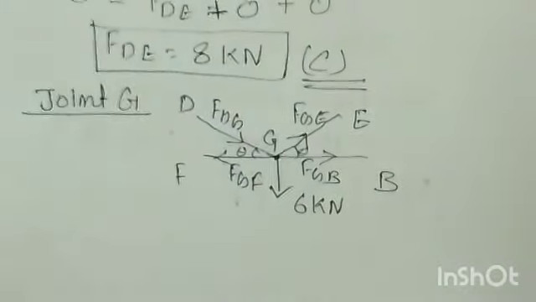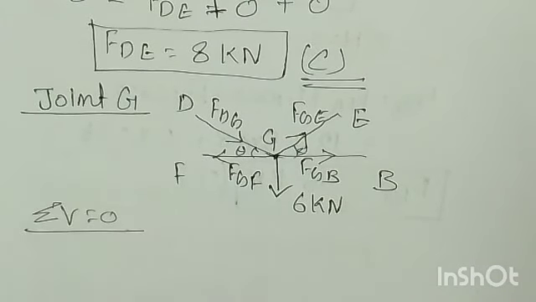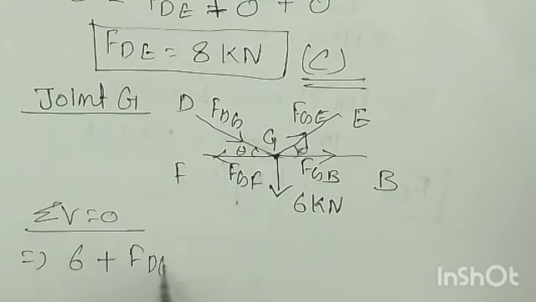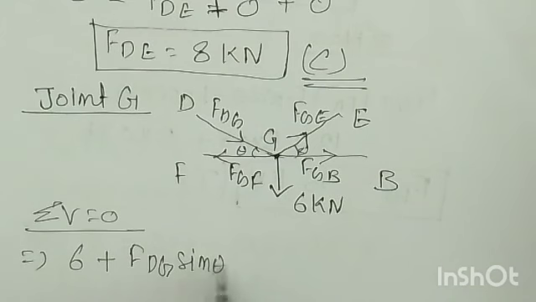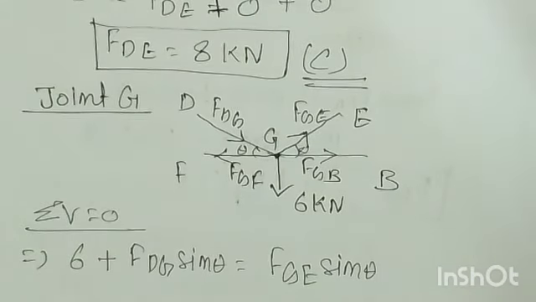So here I can say summation of V is equal to 0. So what is that summation of V? That this 6 plus its vertical component is FDG sine theta is equal to FGE sine theta. Is it or not?